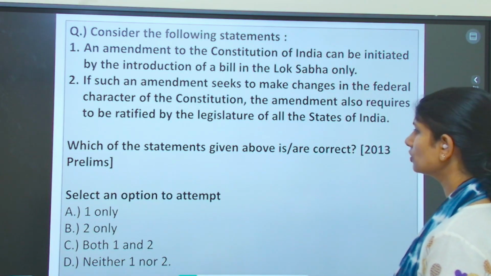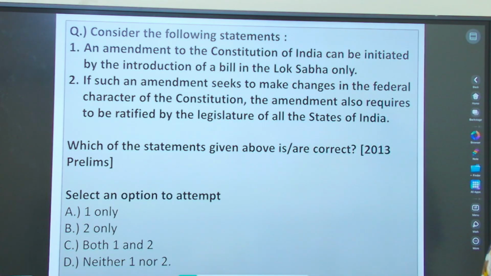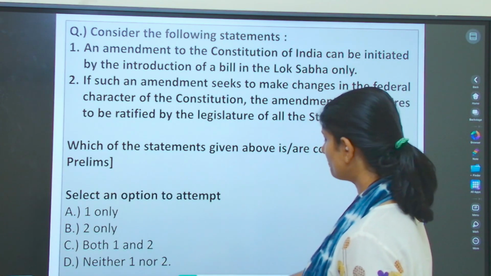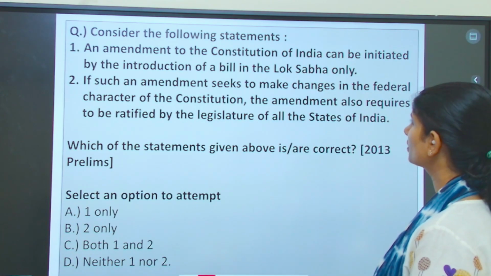Next, this is a 2013 prelims question. Have a look at this. Consider the following statements.